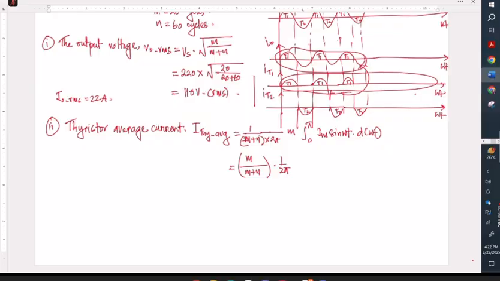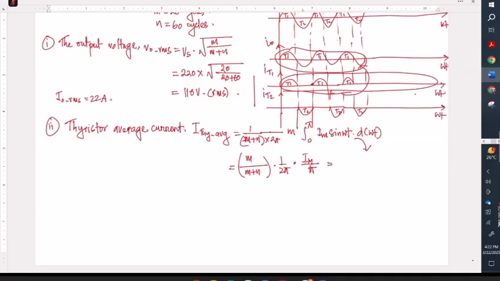And then, if I consider this is my Imax, if you do the calculation here, you will get Imax over pi, right? Sine omega t is what? Minus cos omega t, right? Yes, sir. So if you do the integration, you will get this value.